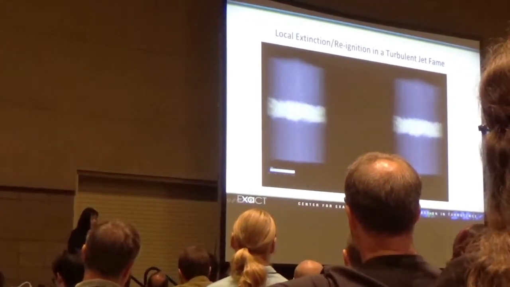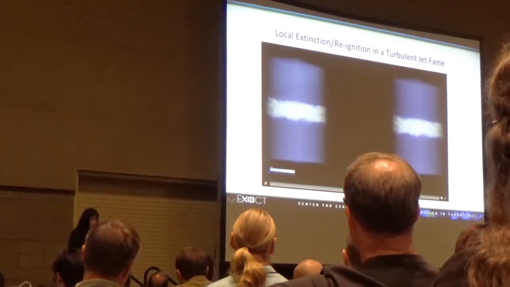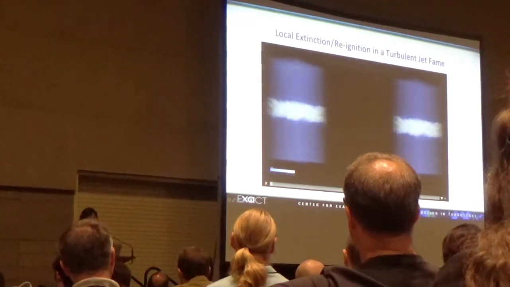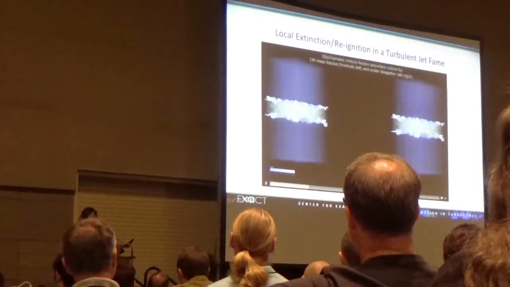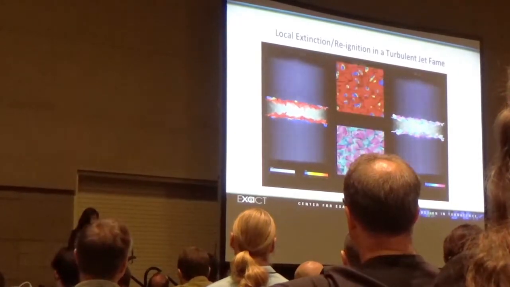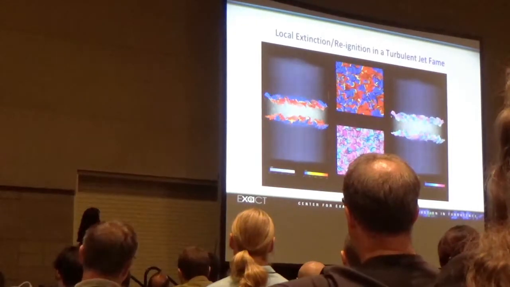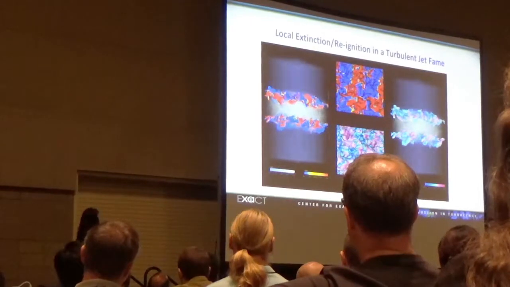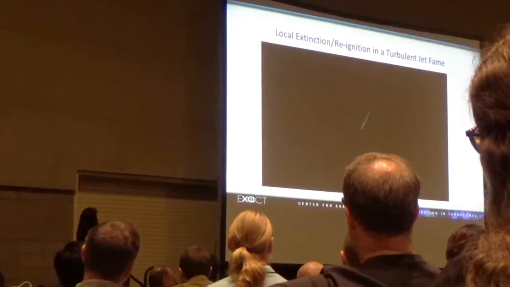Then on the left, what you will see in the animation is the OH radical, where red is high values of burning and blue is quenched localized extinguished regions. Then there will be a plan view, top view, red is burning, blue is extinguished, and on the right are the corresponding localized mixing rates, or what we call scalar dissipation rates, where pink coincides with these extinguished regions.